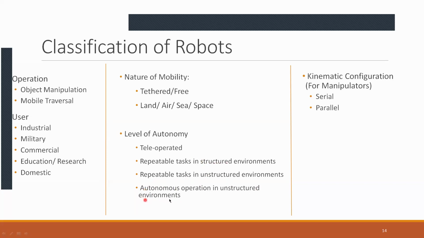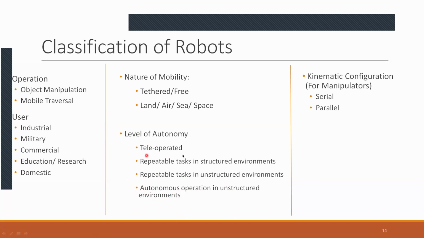If it's not there, it makes the decision to look for it and pick it up and so on. Right? So it behaves exactly like a human without the human intervention. Think of it as a tin can version of a human without any emotion. So that's the highest level of autonomy that a robot can have.